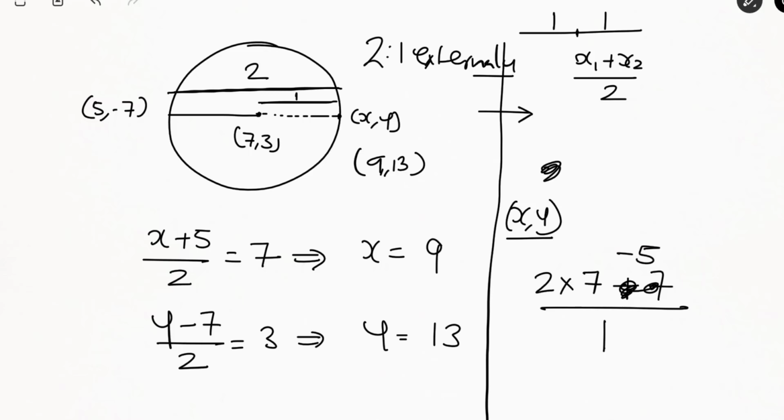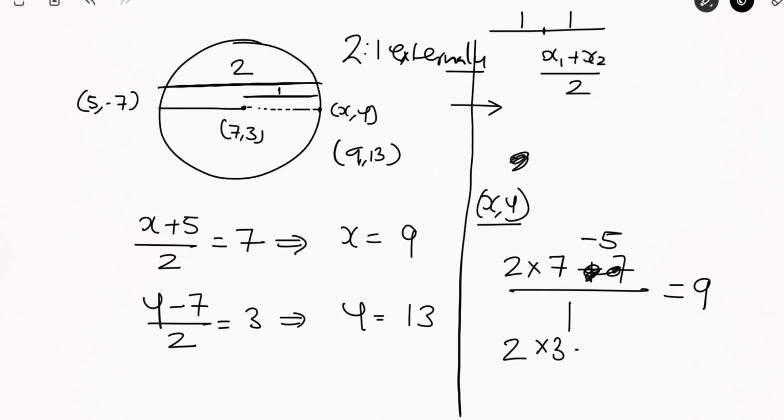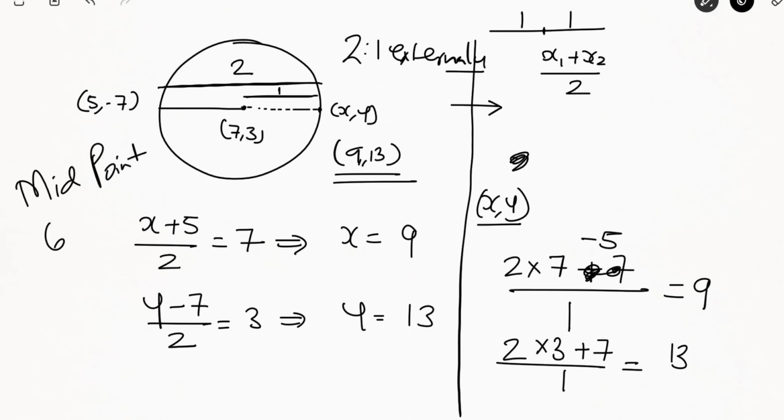So 5 over 1, 2 minus 1 is 1, so 14 minus 5 is 9, and the other coordinate will be 2 times 3 minus 1 times 7, so that will be 7, divide by 1, 6 plus 7 is 13. So this way also we are getting the same solution. So how did we solve? Using midpoint method and external division method, two ways.